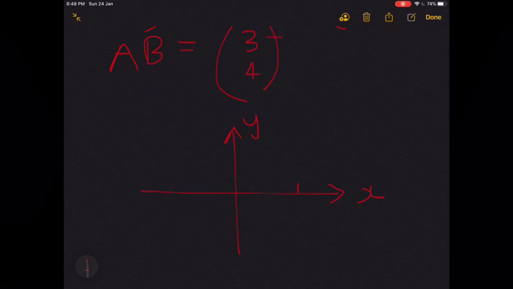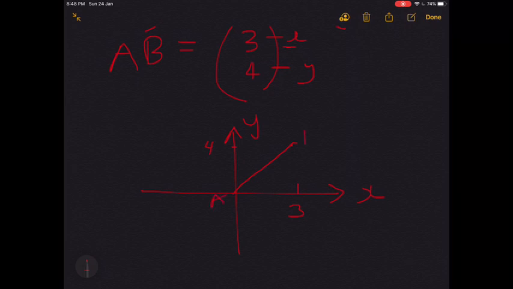The first component is the x, and the second component is the y. 3 for the x and 4 for the y. So the vector A to B will look this way.